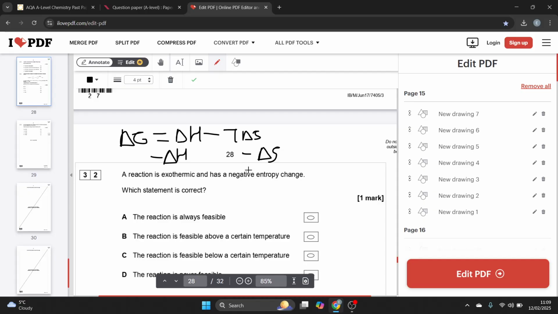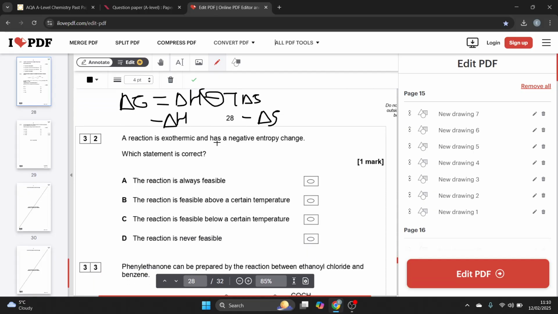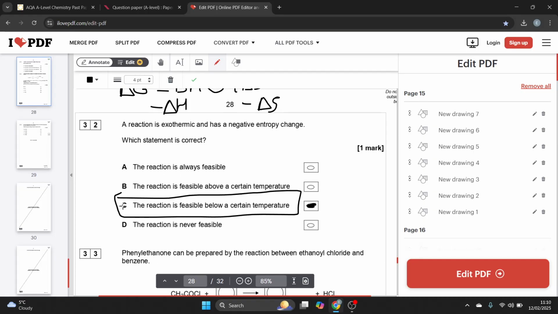So what happens? Well, because of the negative delta H, the reaction is going to be feasible, but it's not going to be always feasible. It's going to be feasible below a certain temperature. The reaction is feasible below a certain temperature.